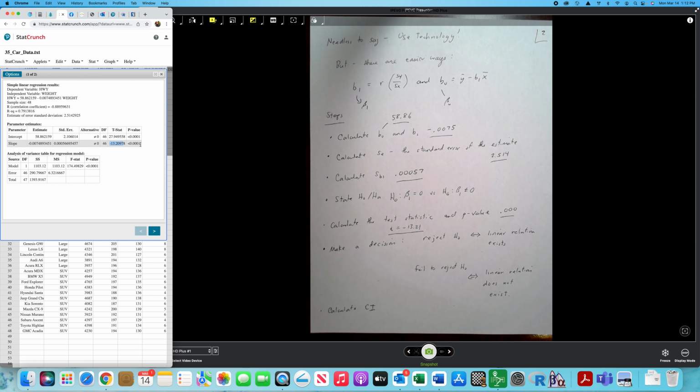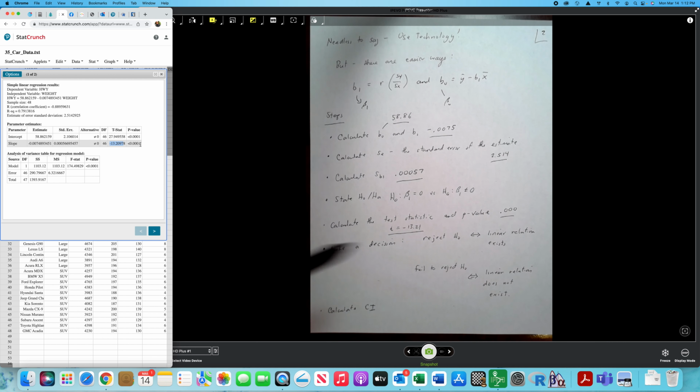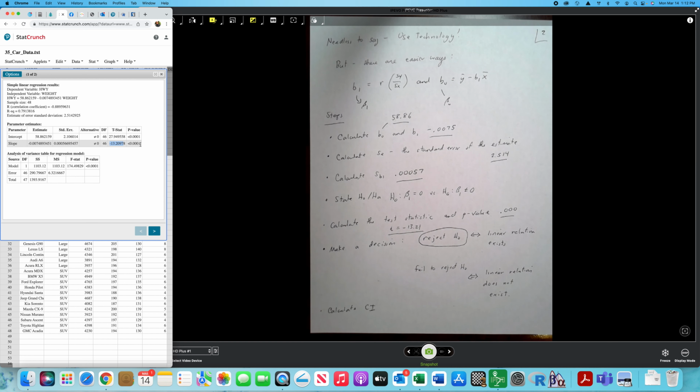Now, assuming that we're testing at alpha equal 0.05, and again, that would be stated, but nevertheless, any of the alpha values, this p-value would fall below. So then we would make a decision that we reject H sub 0. So by rejecting H sub 0, we can assume that a linear relation exists between the weight of a car and miles per gallon.